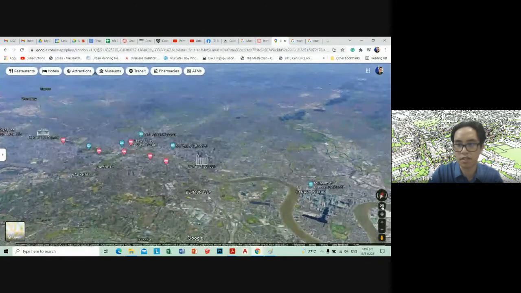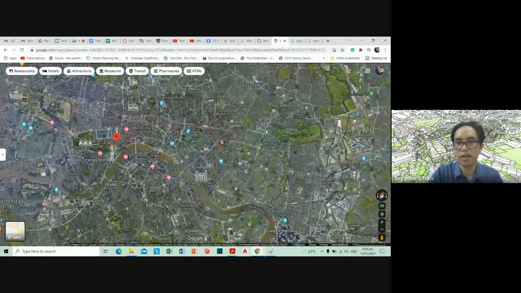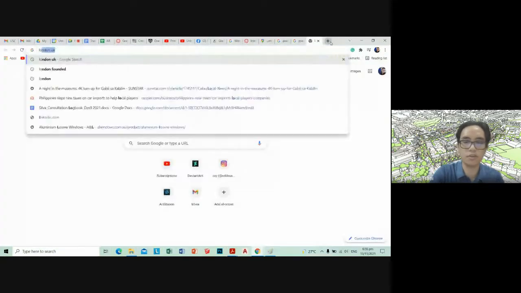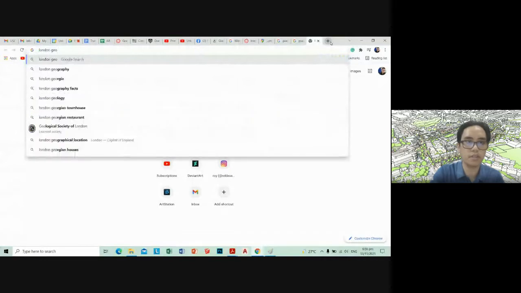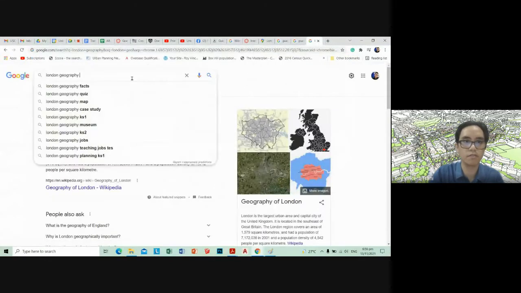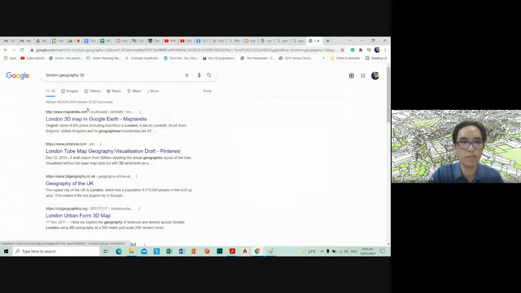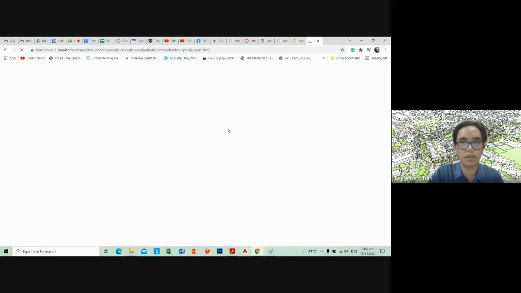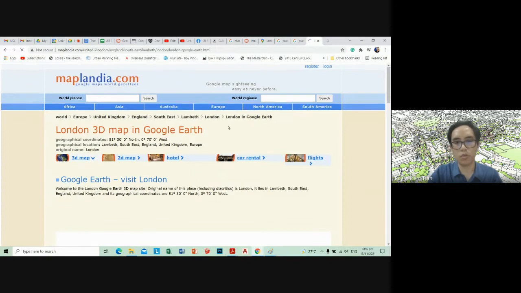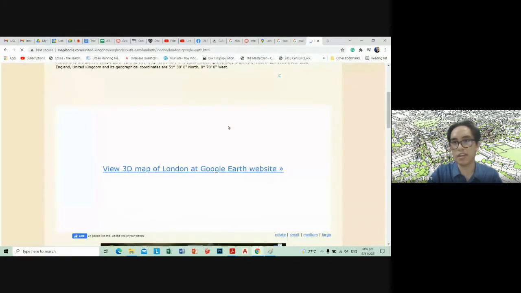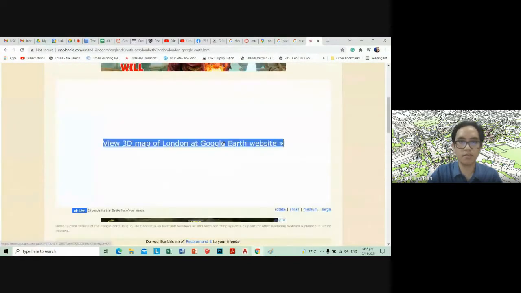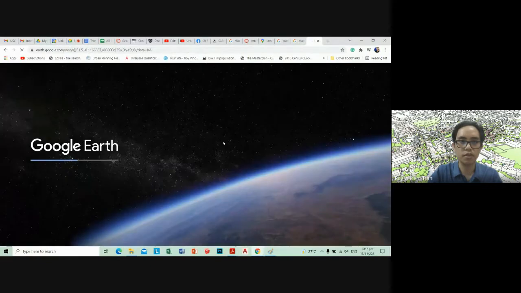We don't have the 3D here. Let me see, London contour, London geography, 3D. Typically these older cities start out in flat valleys. I'll view the 3D map on the Google Earth website.